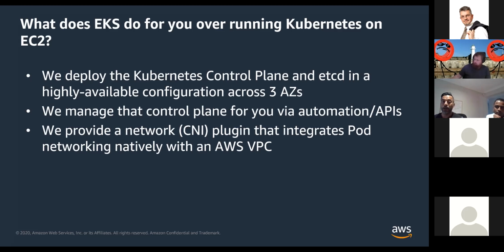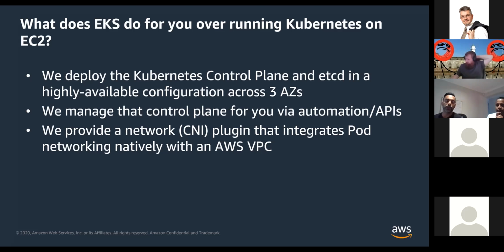In addition, we provide a network plugin, which is essentially a requirement to integrate your pod networking natively with VPC. Now, this is really critical. What happens is Kubernetes designs its own networking within its cluster and between nodes and the pods, so they can talk to each other, like kube proxy, which Praveen talked about.